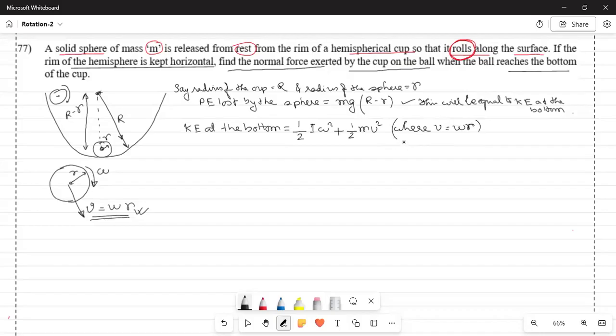Let me write out, since pure rolling, this relation holds good.